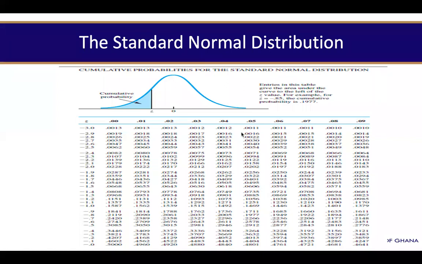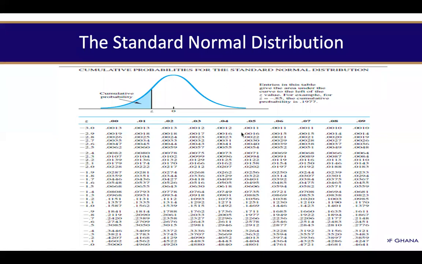And basically, you can't do it for all the normal distributions that we know, right? Because we have separate means and separate standard deviations and all that. That is why it is key for us to standardize the normal distribution so that when we are solving, we can easily read from the standard normal distribution tables.